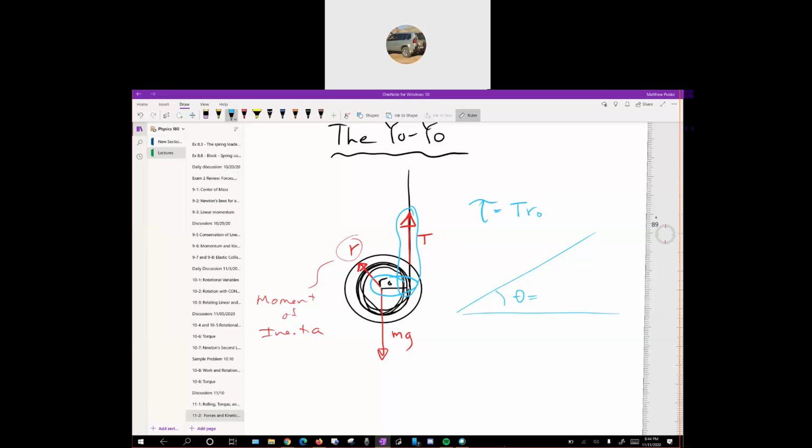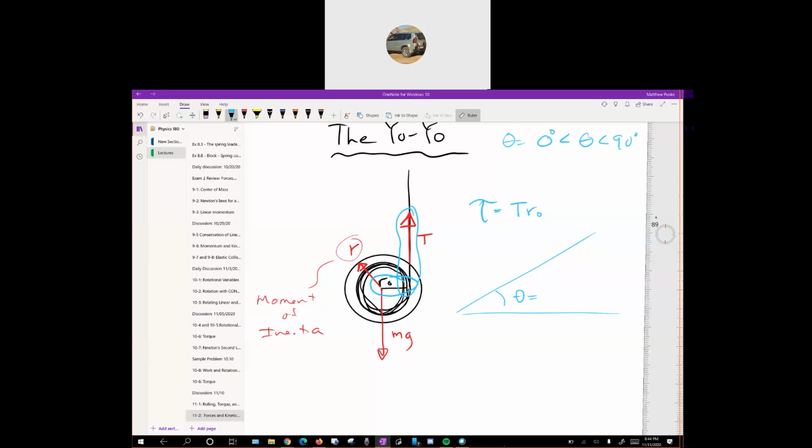The inclined plane was theta somewhere in between, greater than 0 but less than 90, right?